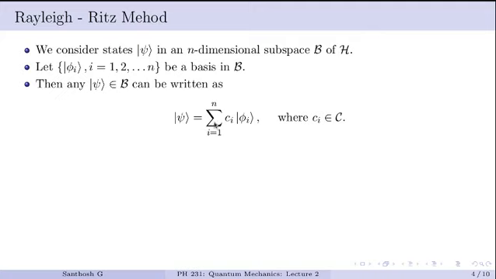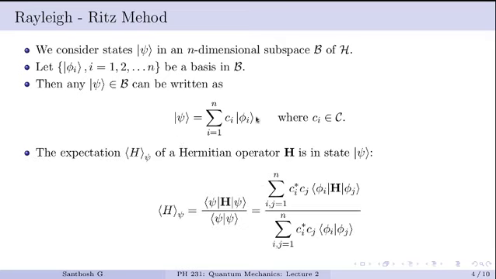For example, psi can now be written as the sum over i of Ci times the kets phi i, where Ci, the coefficient, is a complex number. Now we can construct the expectation value of the Hermitian operator H in the given state psi using this formula, and when we do that, we get the following equation.